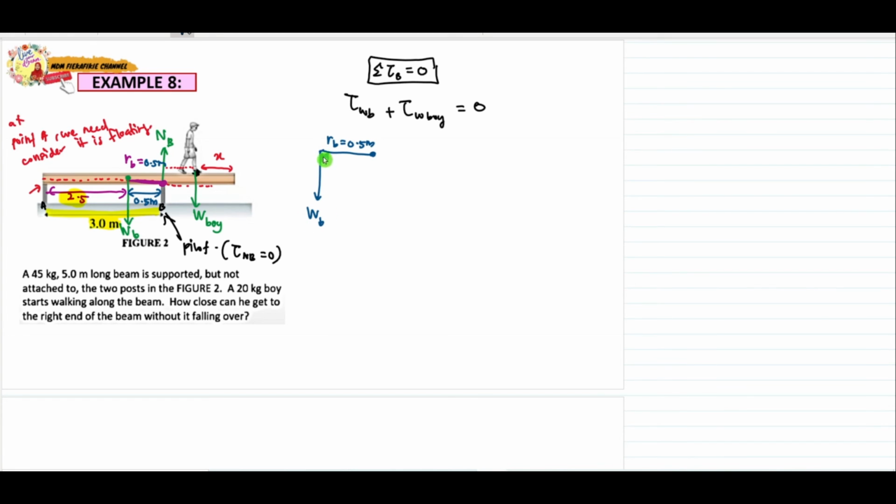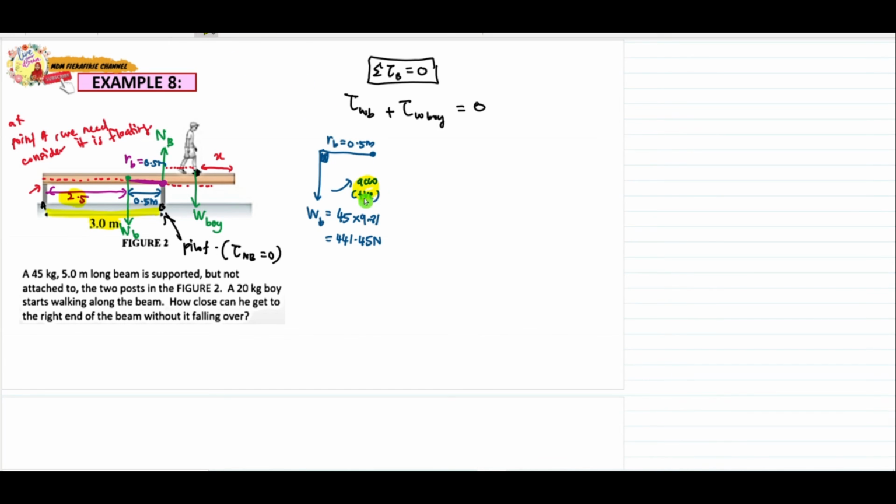So 90 degree. So weight of the beam 5 times 45 kg. 5 tu dia punya panjang. 45 kg times 9.81. So boleh kira lah weight of the beam, 441.45 Newton, and the direction is anti-clockwise, so positive value.